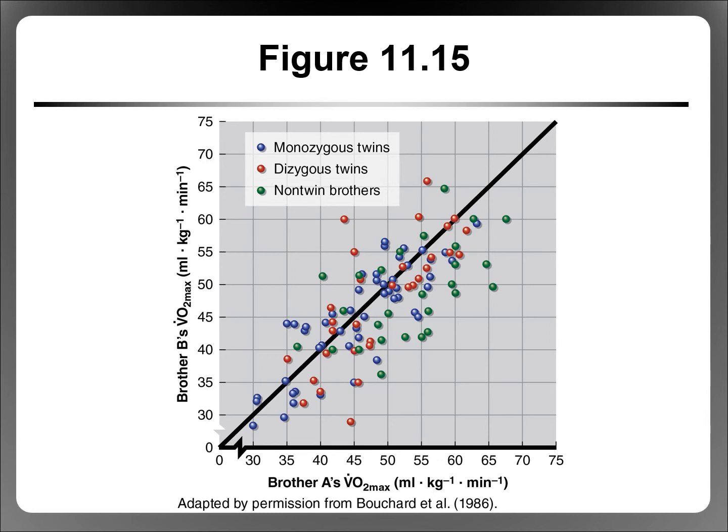So two different zygotes, even though they're born at the same time, and then non-twin brothers. So we could see that there is a correlation between genetics of the family, but things are the most similar for the ones that are closer to the line with the monozygous twins, and then we deviate further between dizygous twins and non-twin brothers.